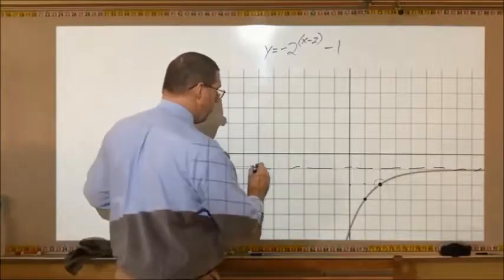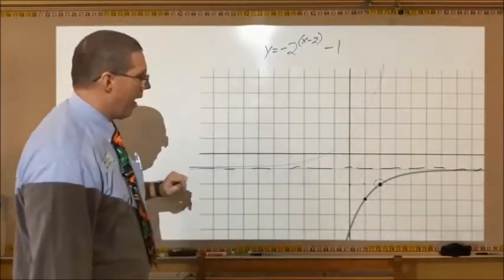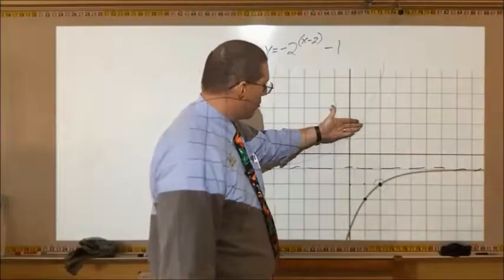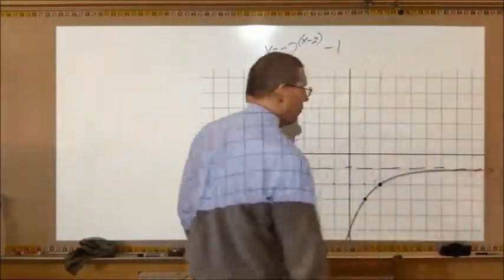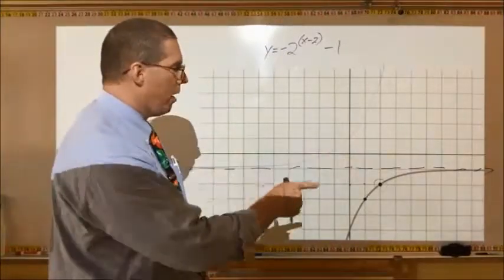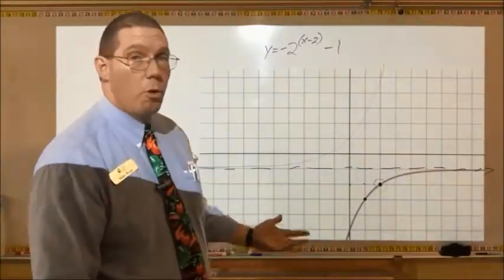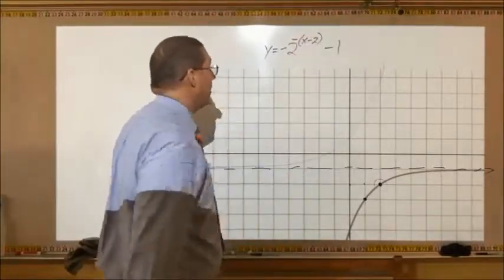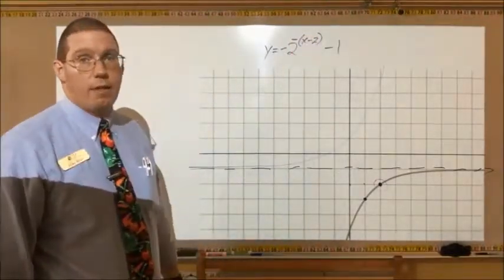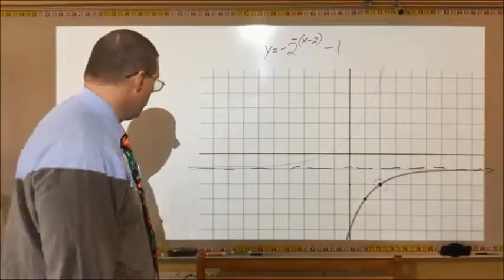The normal exponential function looks like that. And not only is the graph below the asymptote, but it's also been flipped so that the graph follows the asymptote off to the right instead of the left. So it's also backwards. And so because it's backwards, we're going to put a negative in front of the exponent. Okay? Let's do another one.